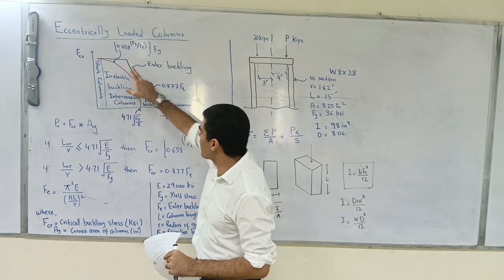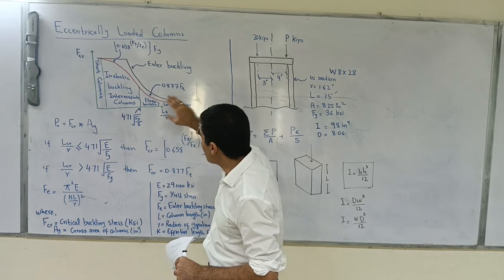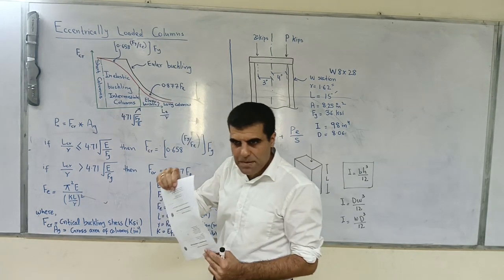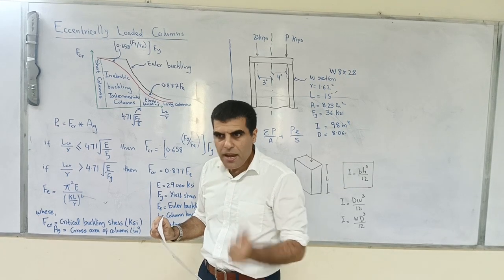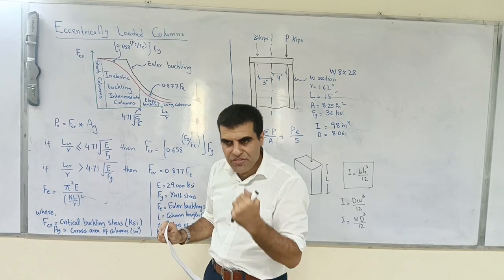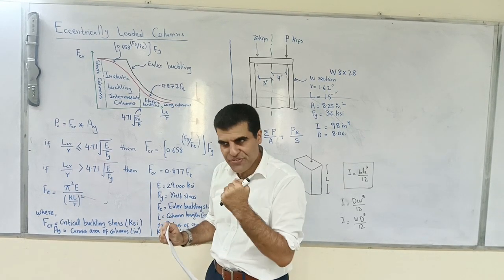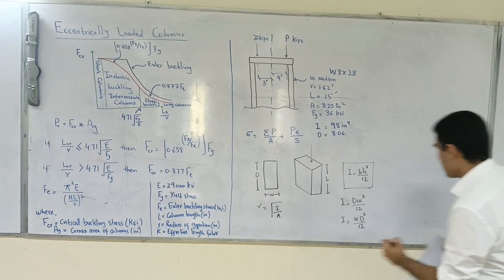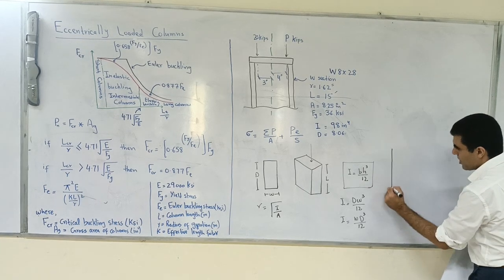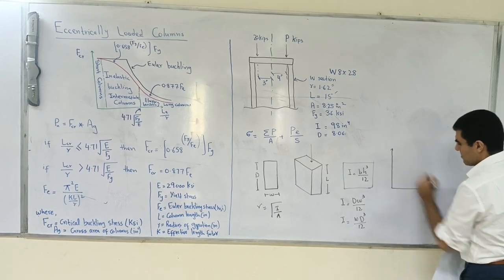Please notice that this area where the buckling takes place is called the elastic region. Why elastic region? Because the stress level is within the elastic range. So what I am saying is that normally you have got a stress strain diagram.